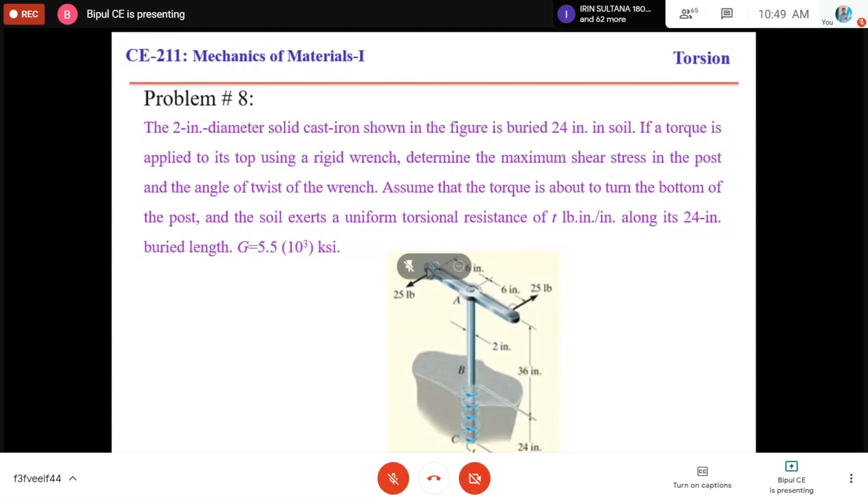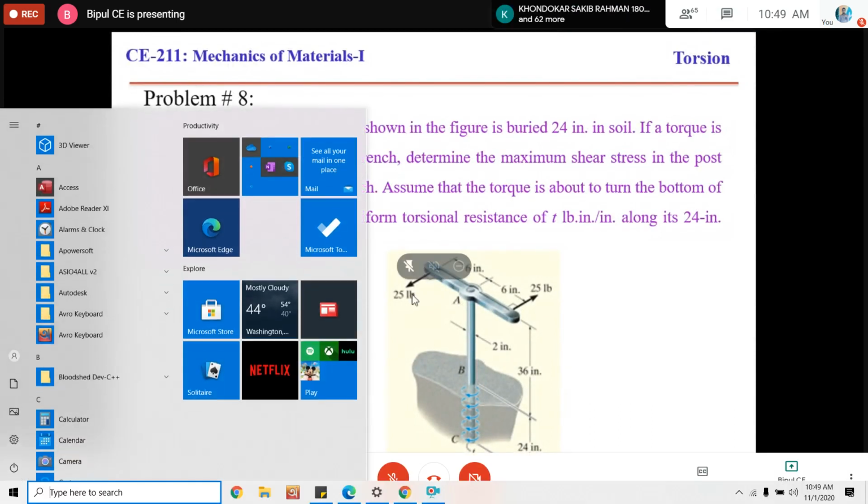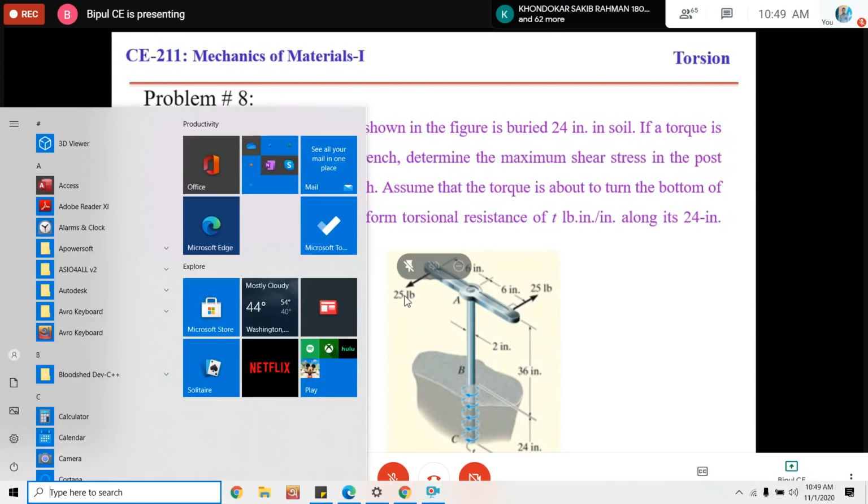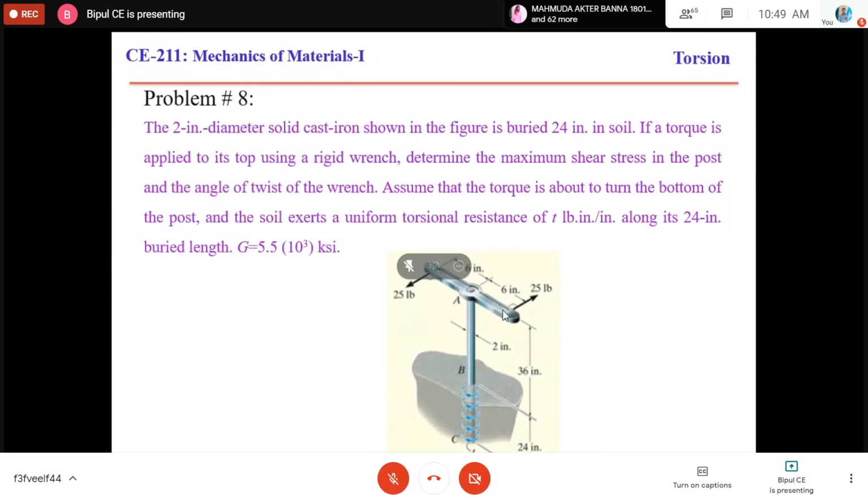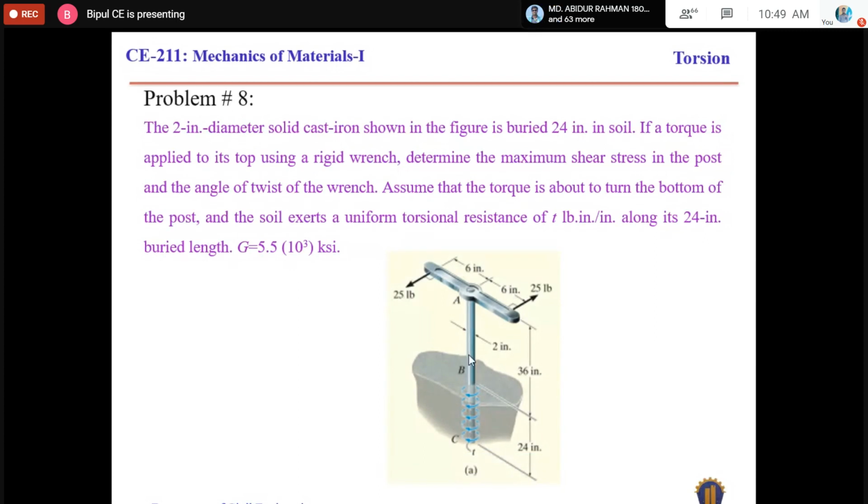The applied force is 25 pounds, and the lever arm, or the distance between these two forces, is 6 plus 6, 12 inches, and the length of the shaft above the soil is 36 inches. It is assumed that it is actually idealized.